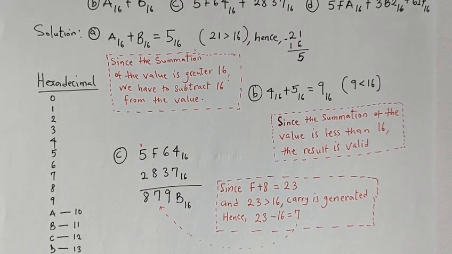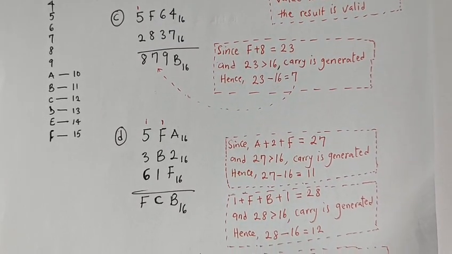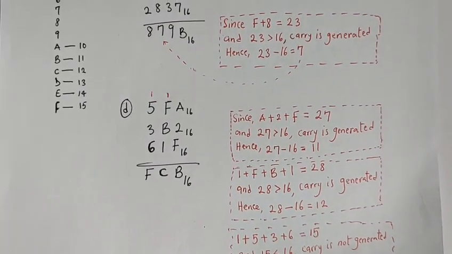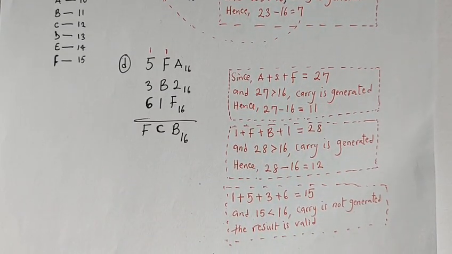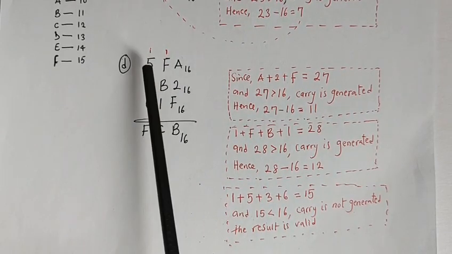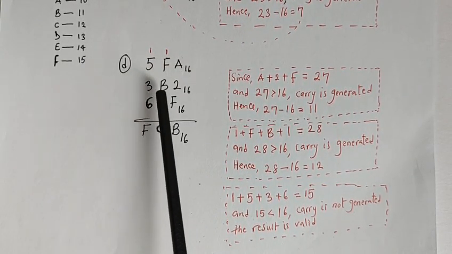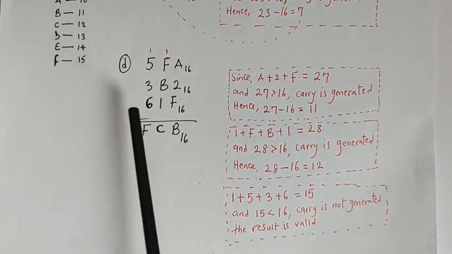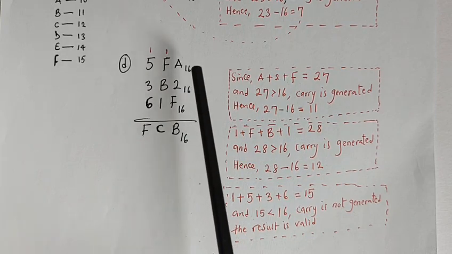And then let's go to the next complex question. Alright, so this says 5FA plus 3B2 plus 61F, all in base 16. Now let's carry out this summation.